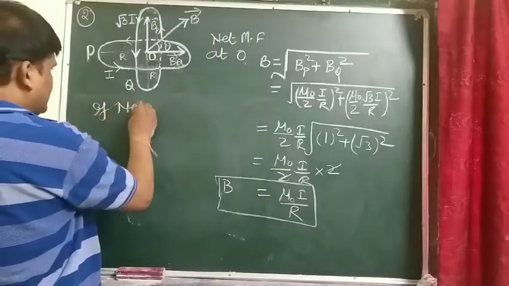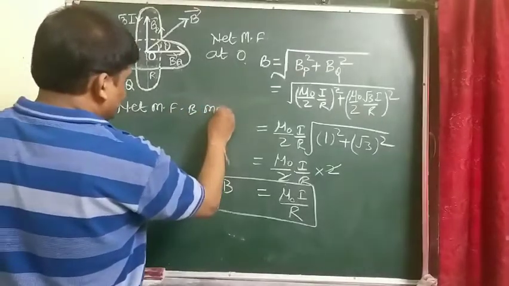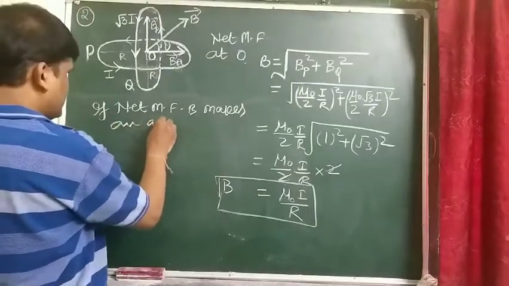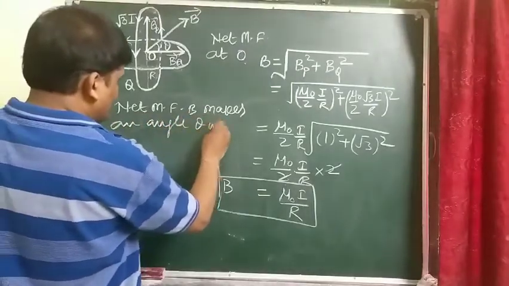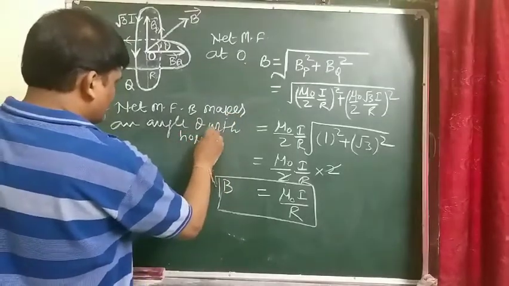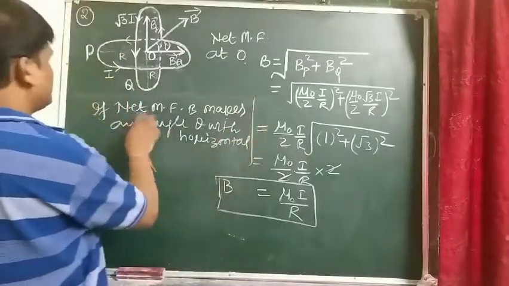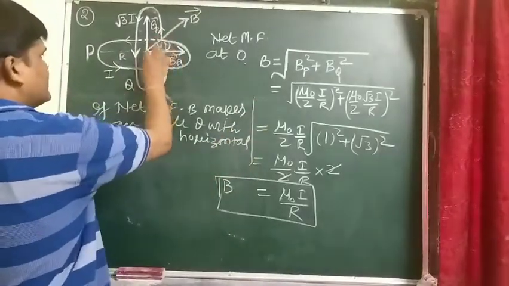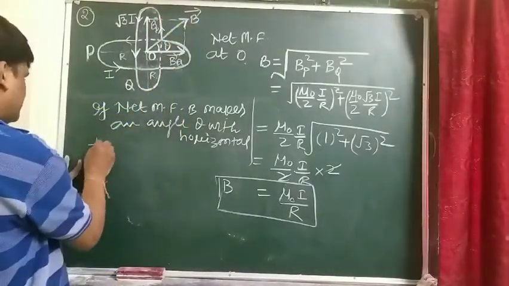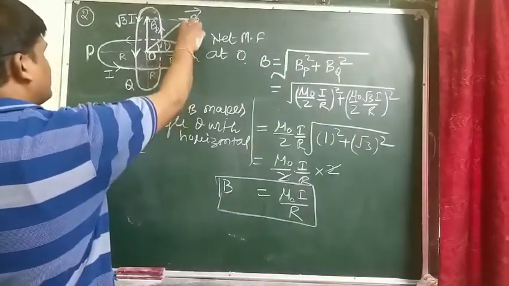If the net magnetic field B makes an angle theta with the horizontal, we use tan theta equals perpendicular by base.